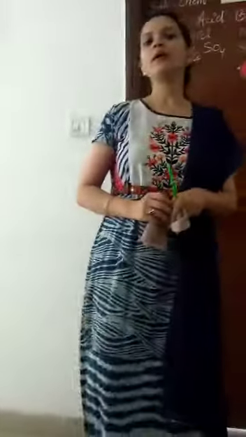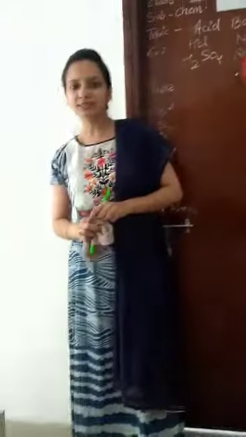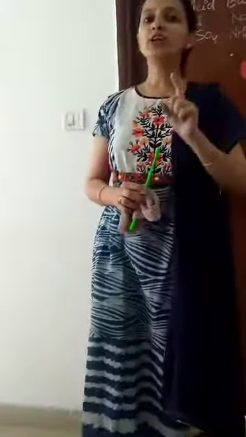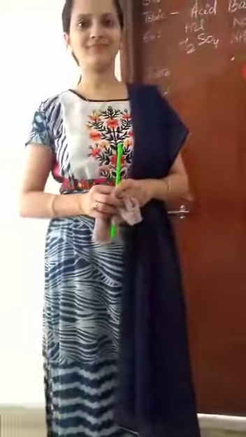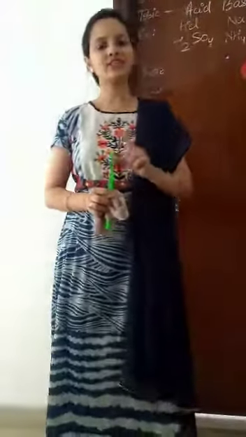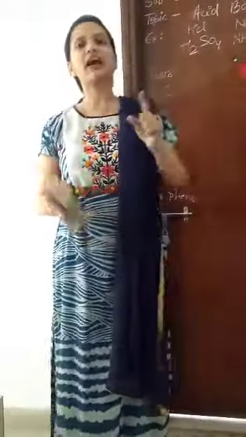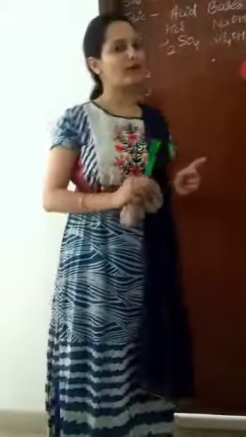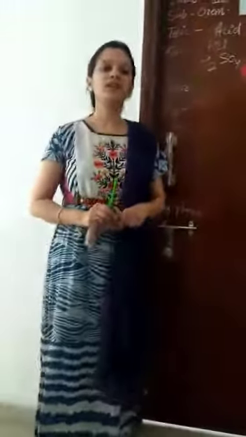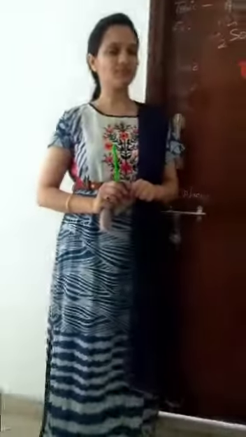My second question is, what is neutralization? Correct. Neutralization means when an acid reacts with a base, it gives salt and water. My next question is, what is an example of a base? Correct, children. Ammonium hydroxide and sodium hydroxide.